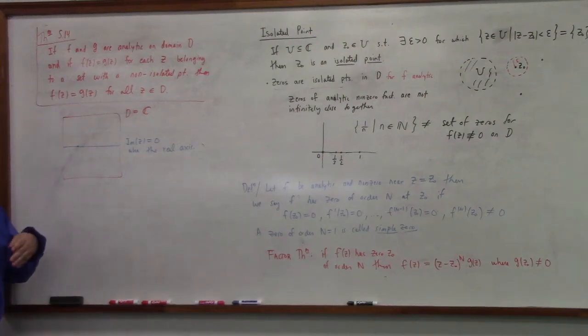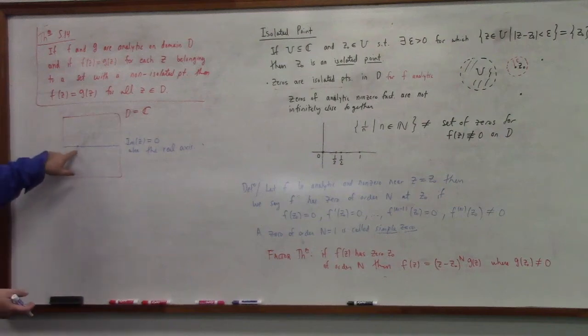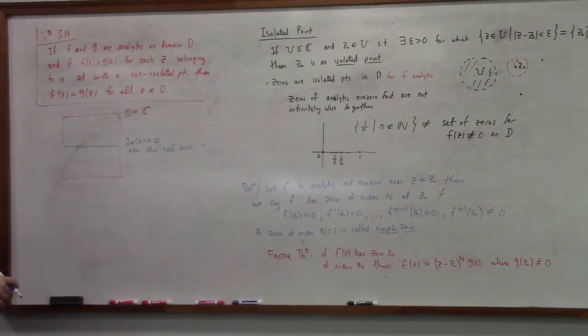But any point on the real line has infinitely many other points on the real line close to it. You cannot separate them.